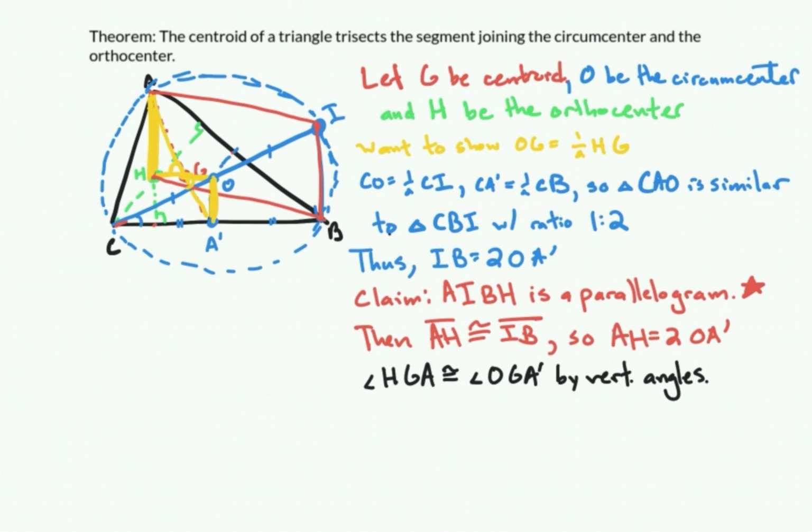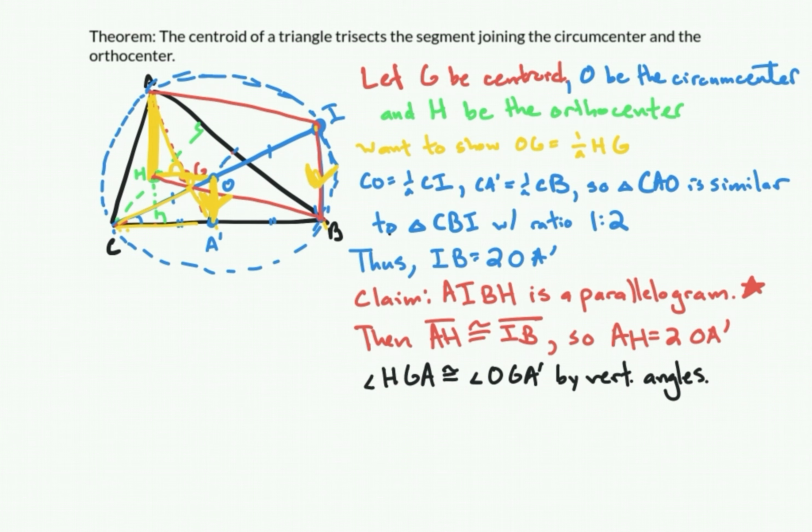Furthermore, since we know that triangle CA prime O is similar to the larger triangle there, CBI, we knew that this A prime O must be parallel to BI.